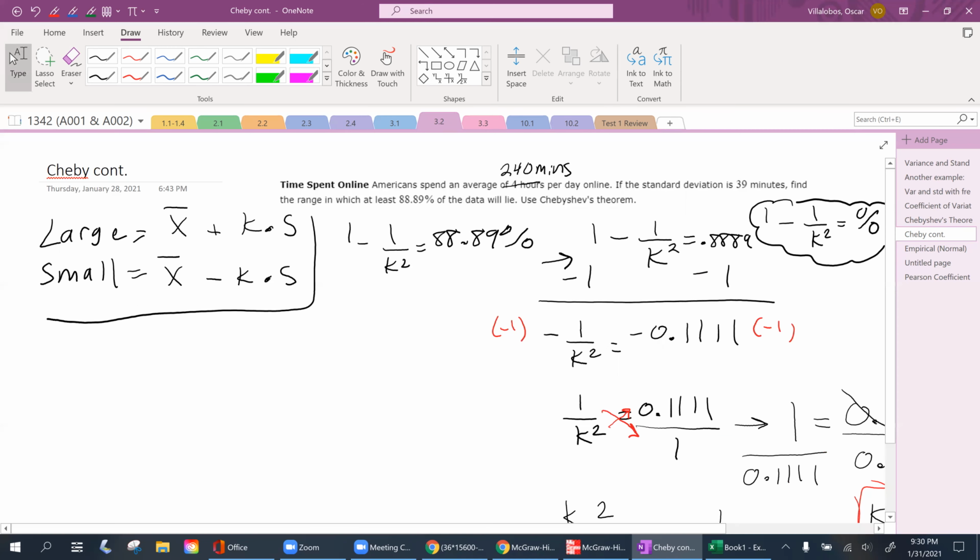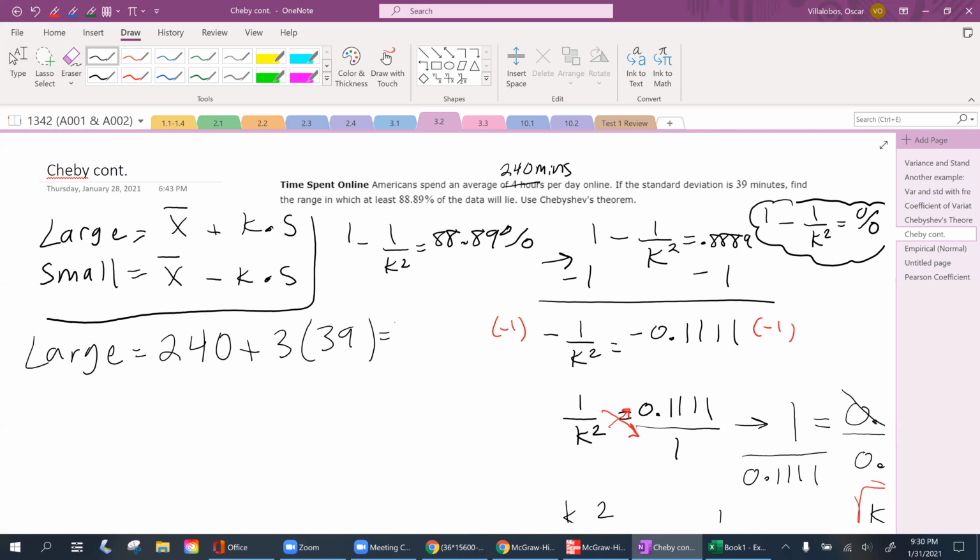So let's find large. Large is going to be my mean, which was given, that was 240, plus k, which we found to be 3, times standard deviation, which is 39. That gives me 240 plus 3 times 39.